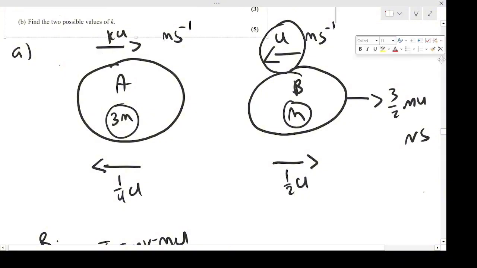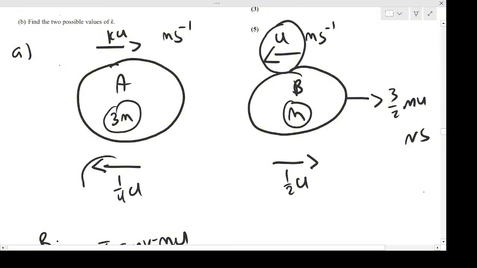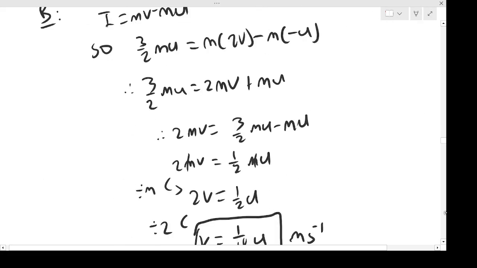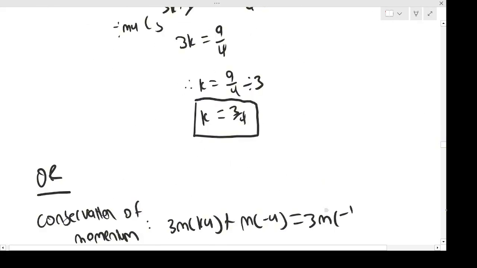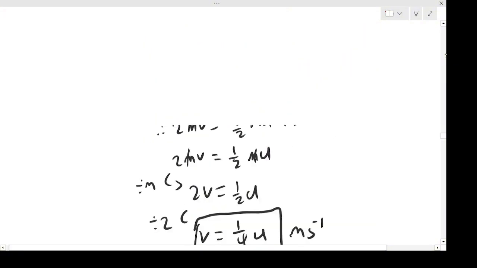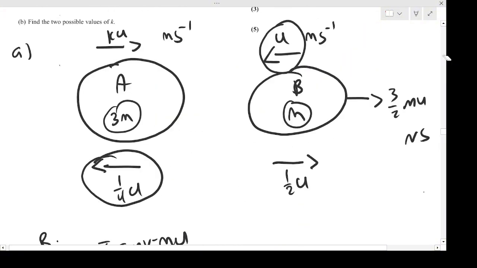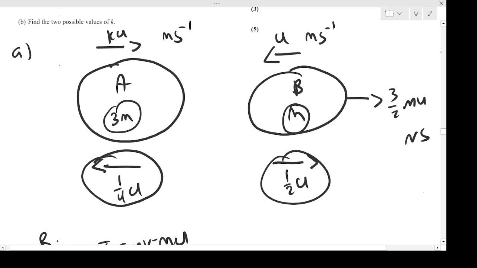That's going to be 3m lots of minus a quarter u, because now it's going backwards, right, in the negative direction. And then for B, it's going to be m lots of a half u, okay?